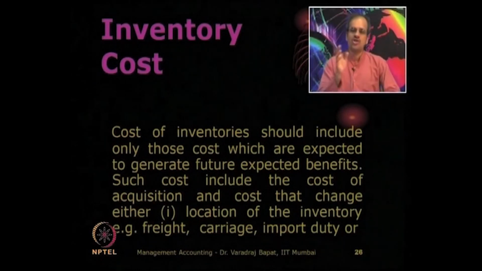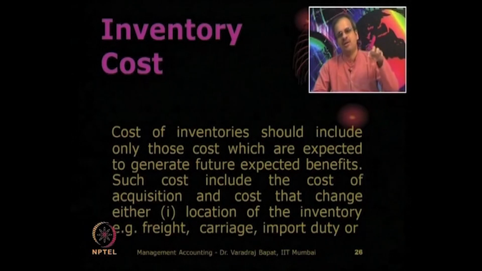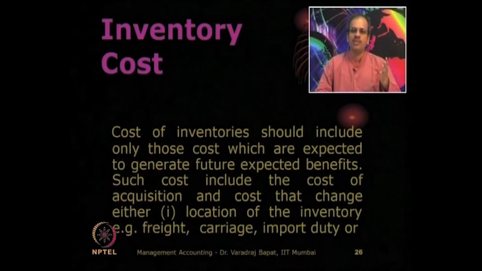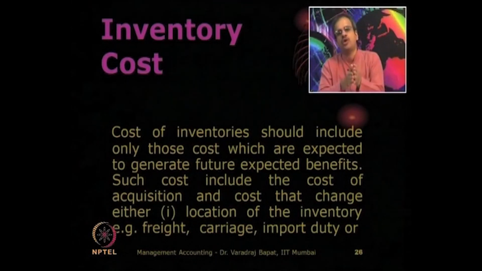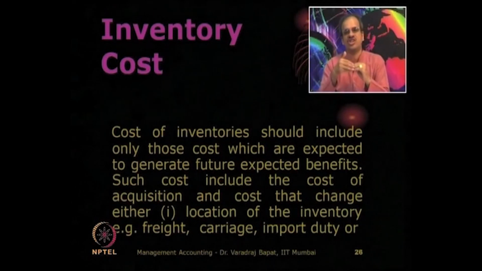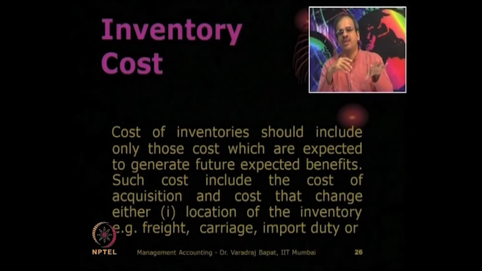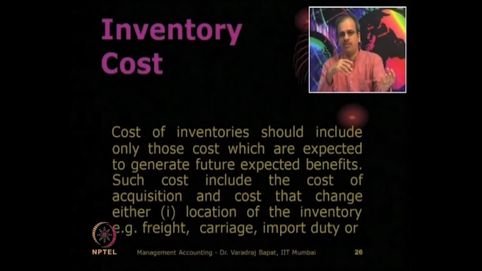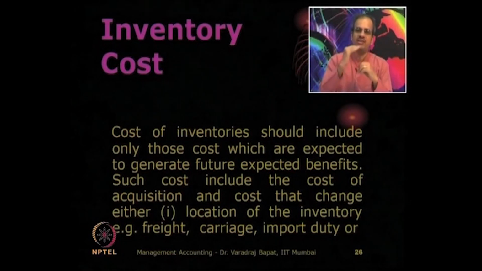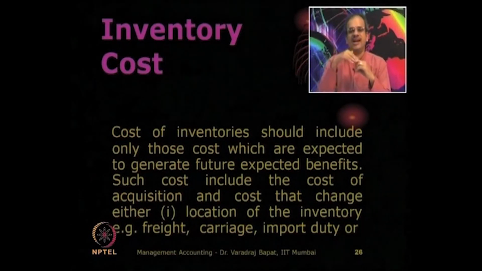First is of course the cost of acquisition. Suppose I have raw material which I have purchased for, say, 4,000 rupees. 4,000 is the main cost of raw material. I will also include the cost of transportation. So, if I have paid 500 rupees to the transporter to bring the inventory from the place where I purchased it to my godown, the cost of inventory will become 4,000 plus 500.